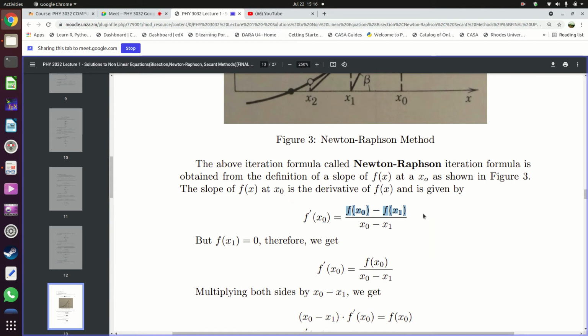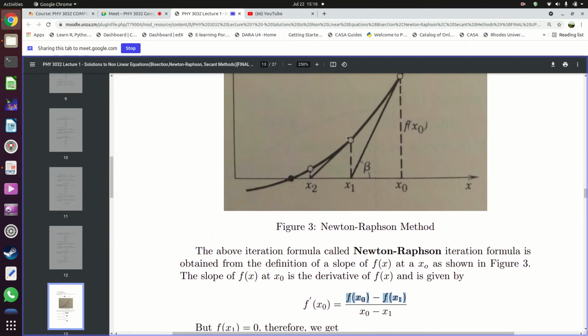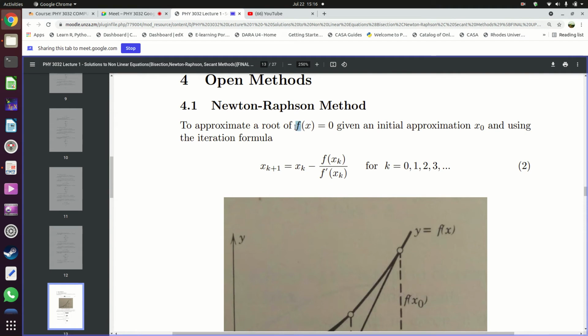Now, what we are looking for is this x1. If we are looking for x1, we are going to treat x1 as a solution. So if x1 is a solution, then it must satisfy this condition: f of x1 must be equal to 0 if we are going to treat x1 as a solution.